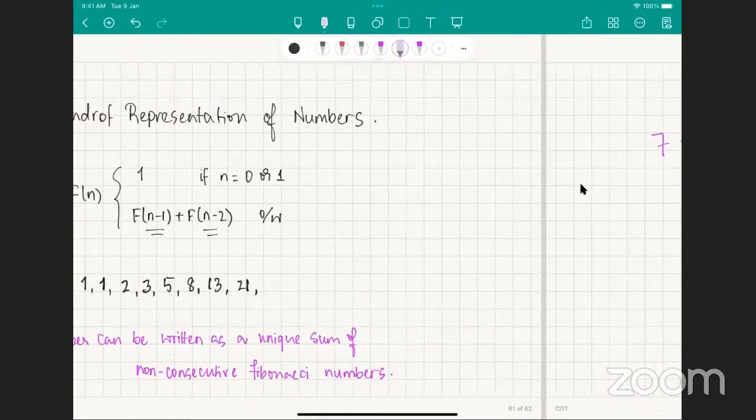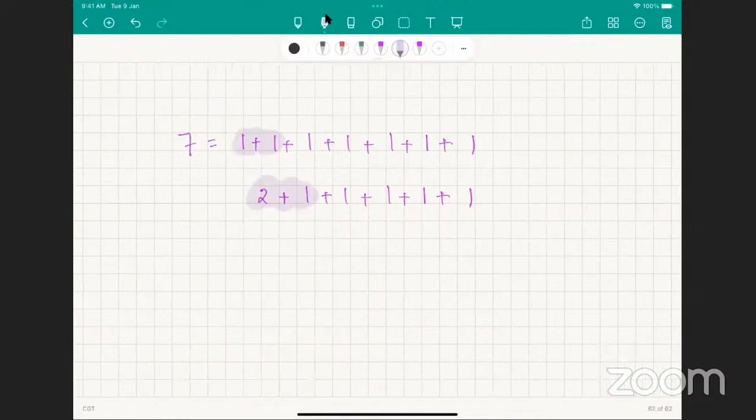So this is the general idea. As long as you have two Fibonacci numbers next to each other, that's a recipe for replacement, and you get rid of that local consecutiveness. But if you're still stuck, then you keep going until you're basically done, and at that point you have what you want.